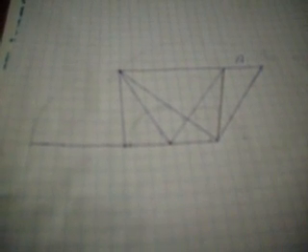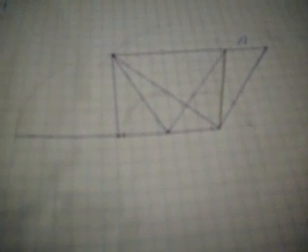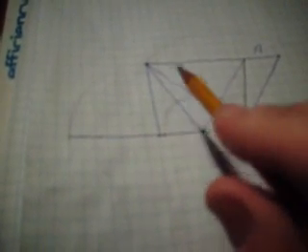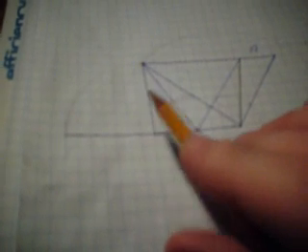Now, how did we do this? Okay? We first duplicated the triangle from here to here by using Euclid Book 1, proposition number 22. And then we went over to Euclid Book 1, proposition number 42 and made this parallelogram right here. Okay?